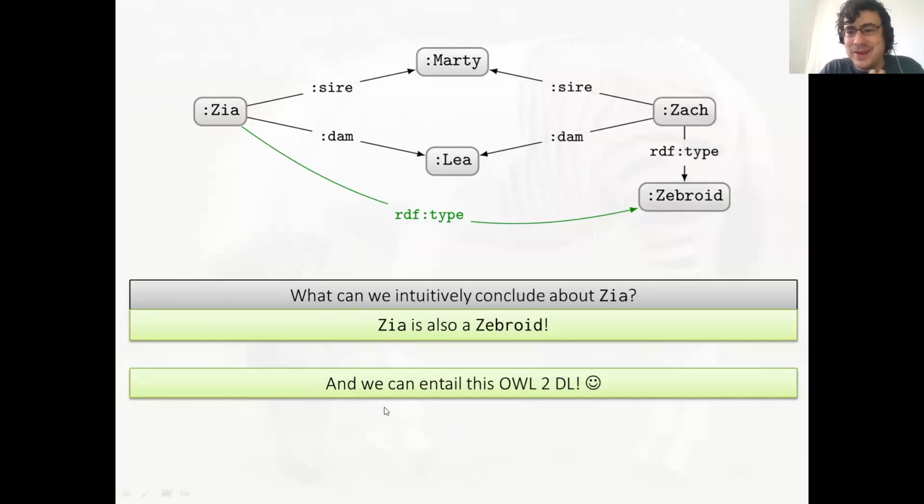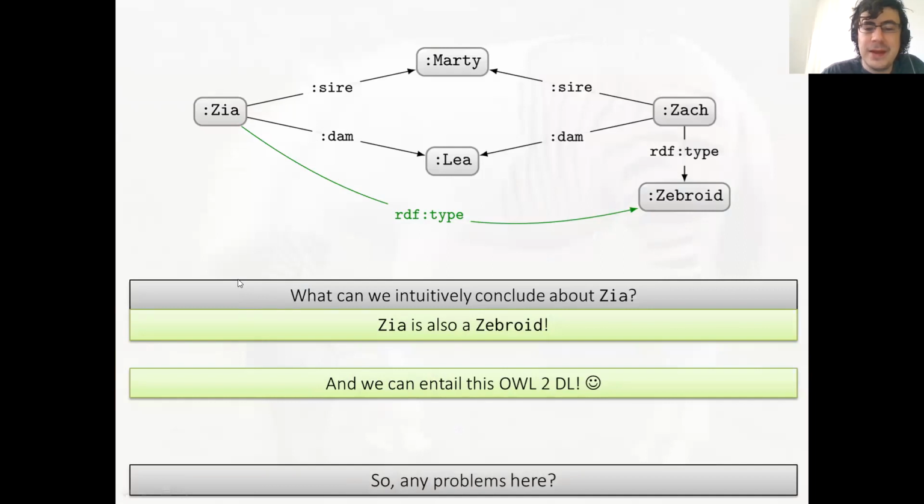We can now get these sorts of inferences where we know that Zia is a Zeproid. And we can entail this with AL2DL, with all of the definitions we saw before, and if we put this into an AL2DL reasoner, it will actually tell us that Zia is a Zeproid, because we expect it to be complete in some way.